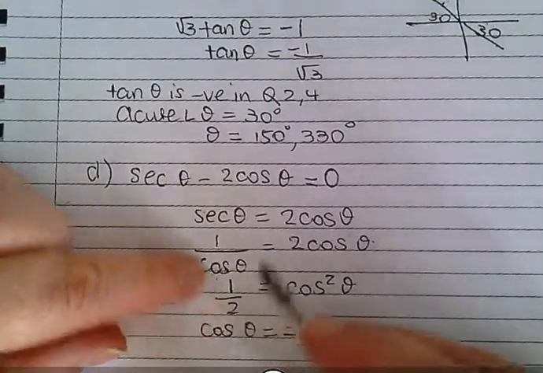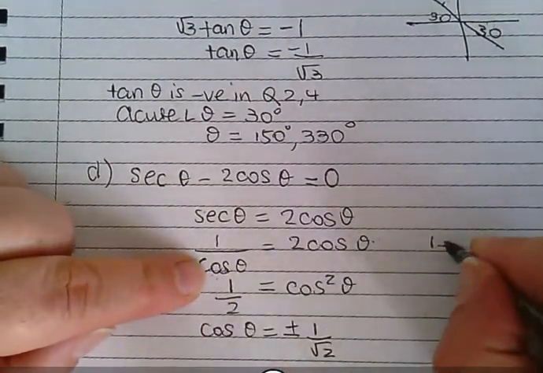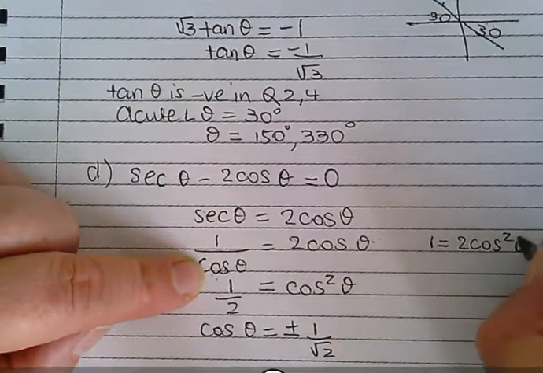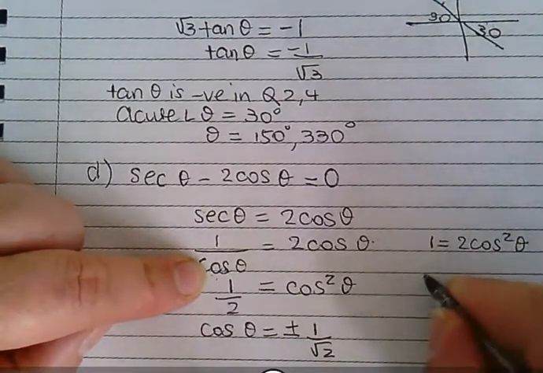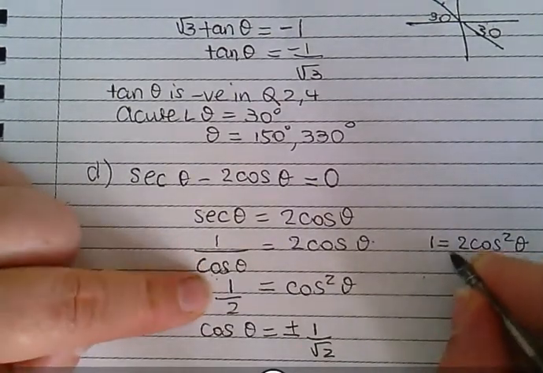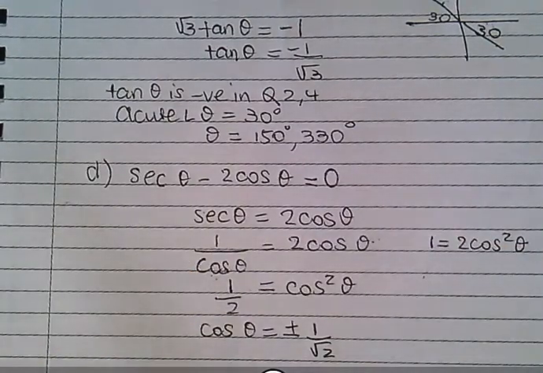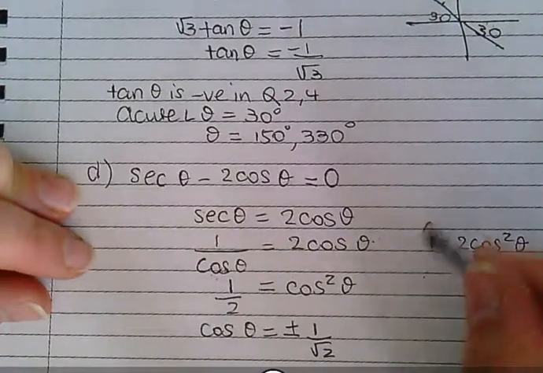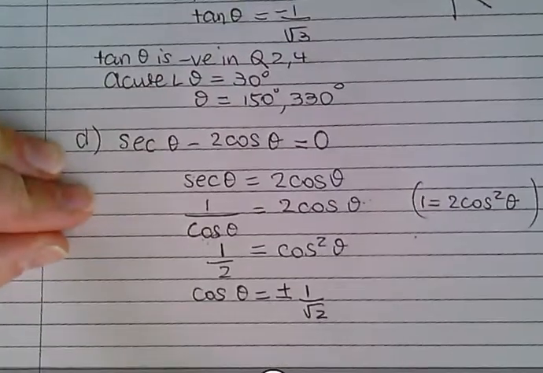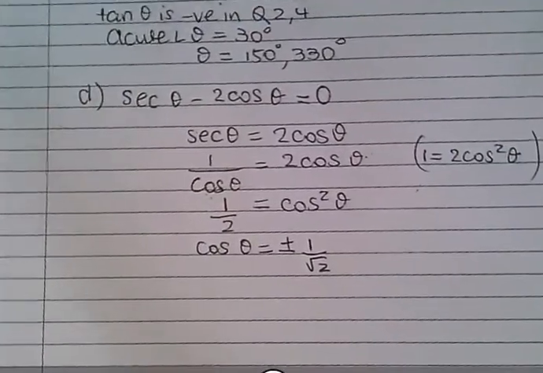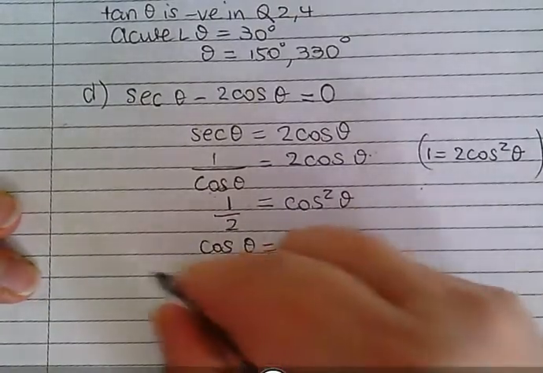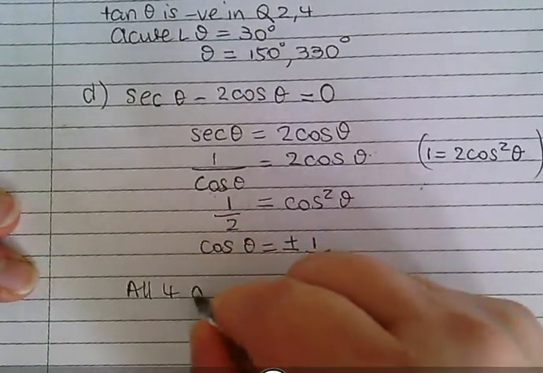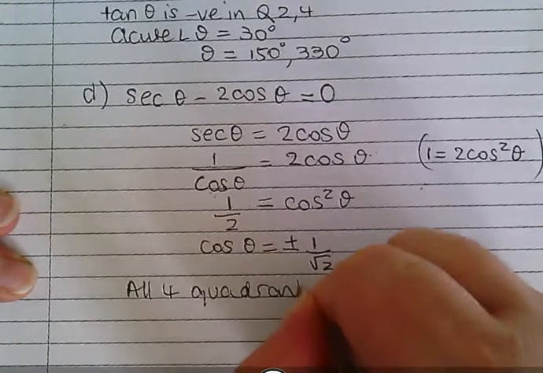Sure you're okay with this? Because we've got 1 equals 2 cos squared theta. And then you bring the 2 down. A half equals cos squared theta. That's an intermediate step. Alright, now what do you do? All 4 quadrants. Yep.